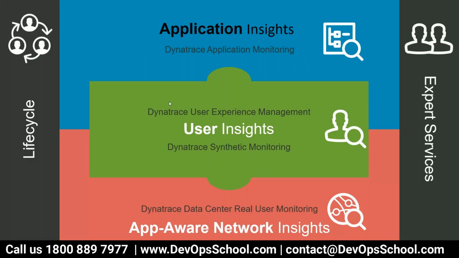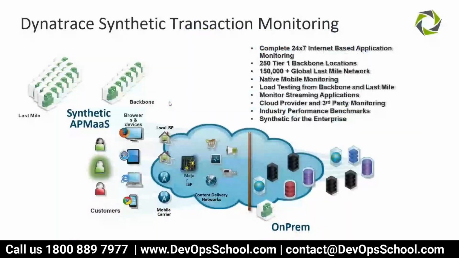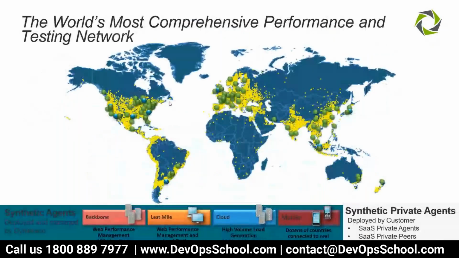Okay, so Dynatrace can help you very much with synthetic monitoring. That is one of the wonderful solutions we have. Dynatrace can also help you with application performance monitoring, and they have quite a good amount of setup and things like that.